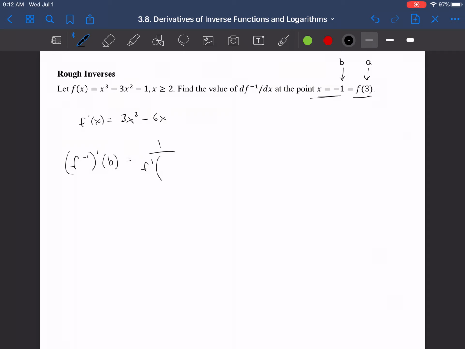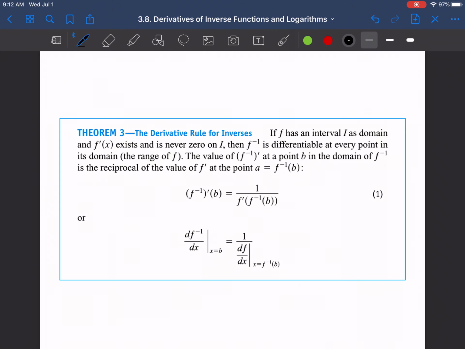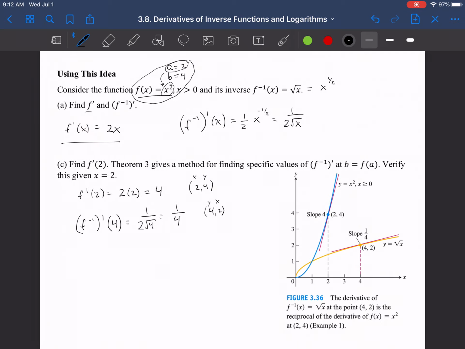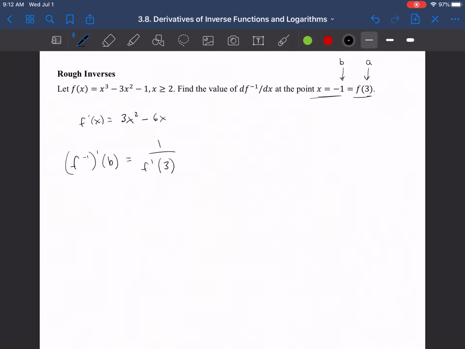So essentially it's going to be f prime of 3. Okay? Because remember what we were doing back here was 1 over the regular derivative evaluated at x equals the inverse of that. So that's what we have here. 1 over the derivative evaluated at 3, because that's what we have to plug in. All right, so when we do this, we get 1 over 3 times 3 squared minus 6 times 3.